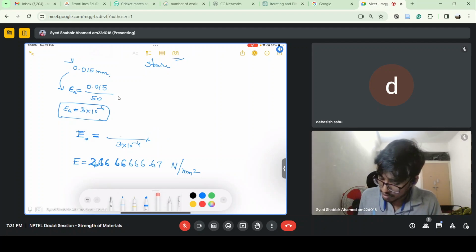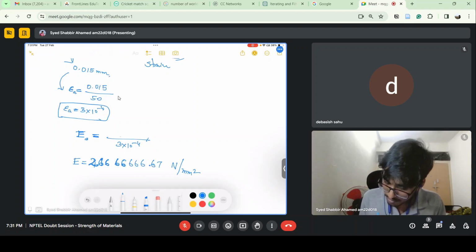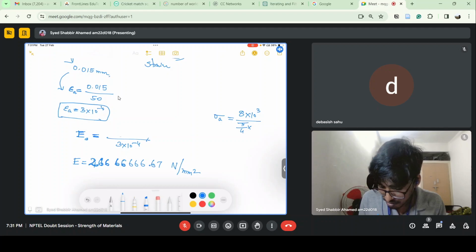So the stress at that point, sigma A, is 8 into 10 cube divided by pi by 4 d square.